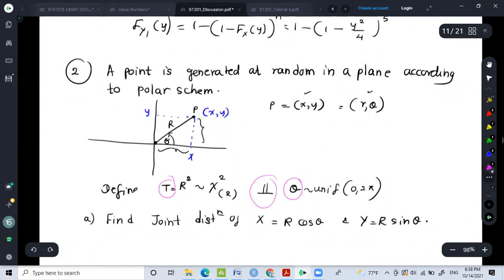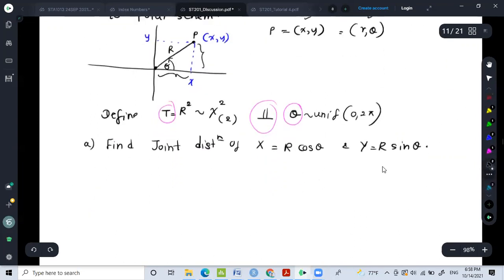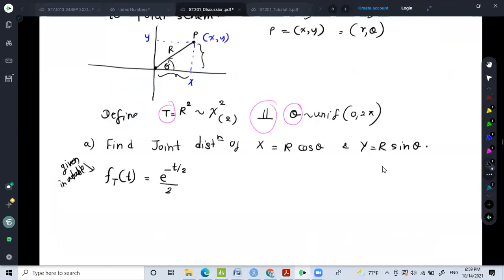So how do you find the joint density of T and theta? They are independent, so multiply the marginals. Yes, so first let's find the marginal density of T. T is what? R square. What is it? It's chi-square 2. And from the given information, you can find that it is this. How did you get this? It was given in a table at the end of the paper, showing how to get the chi-square 2 distribution.